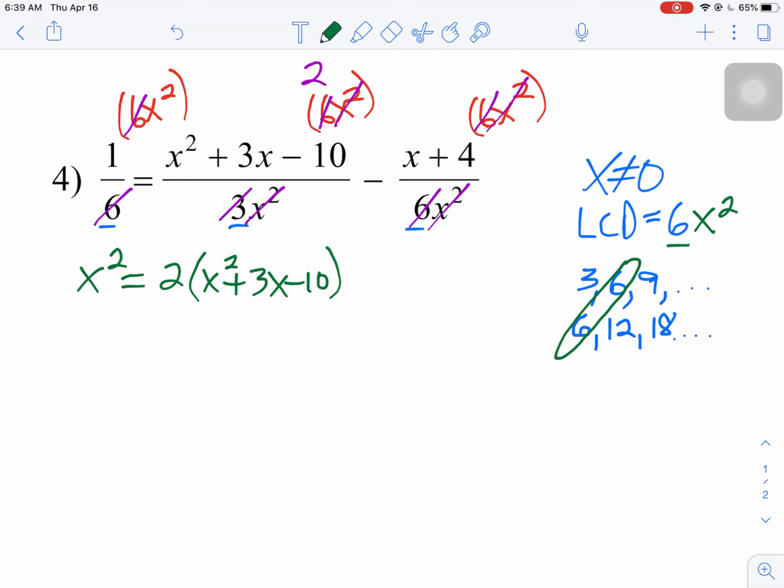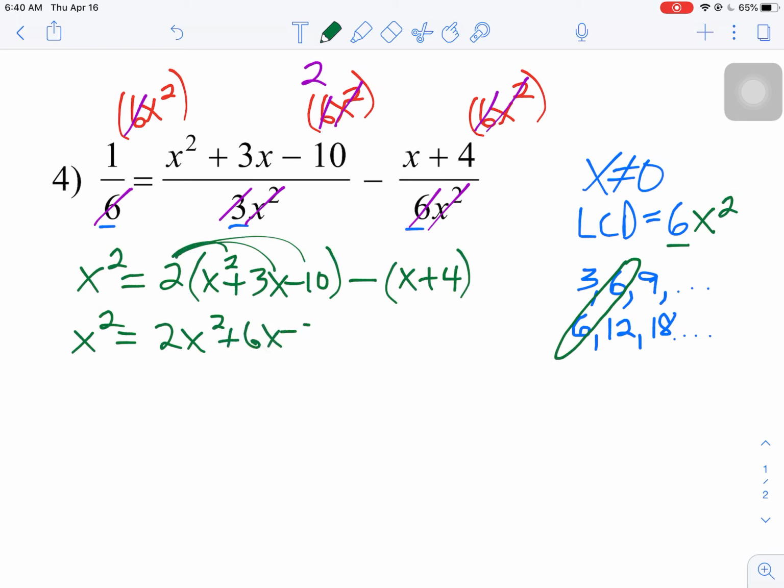And then in the back, that minus sign needs to get distributed to the x and to the 4, so be careful with that. From here, we should just solve like normal. So x squared equals, and then we need to distribute our 2 to everything in the parentheses in the back, and then distribute this negative sign to everything in the back. And then we should solve like normal.